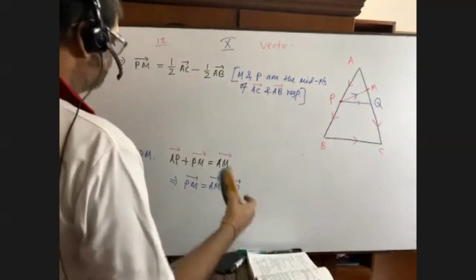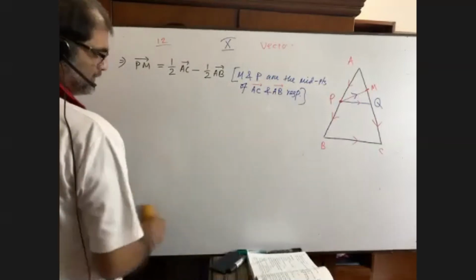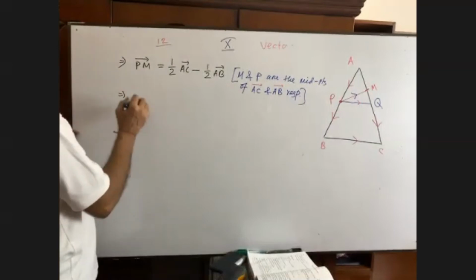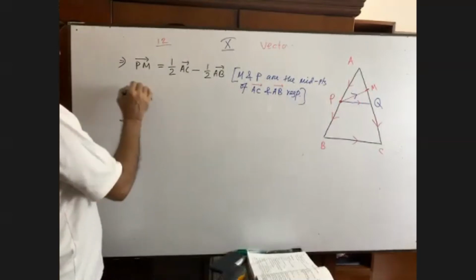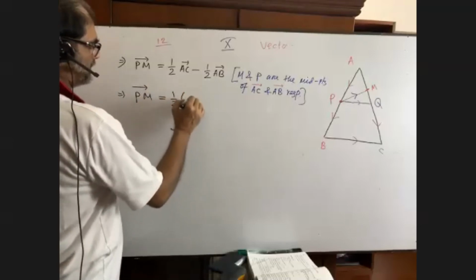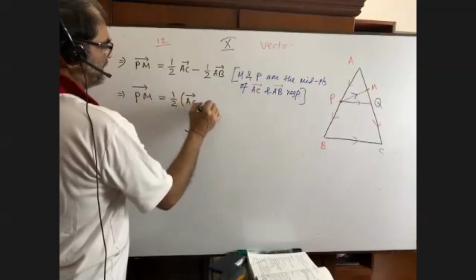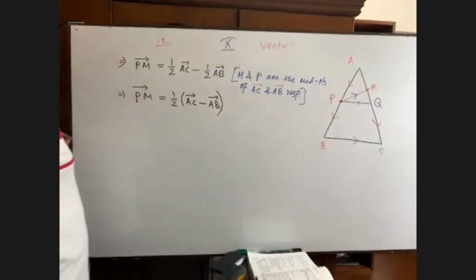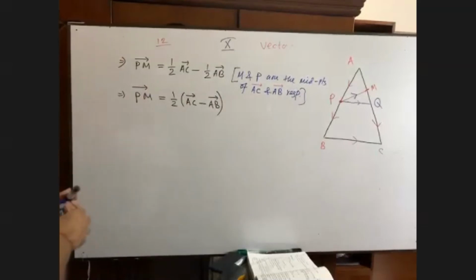Now you see, we can write here PM is equal to half, first bracket, AC minus AB. Can you go to equation 1? Please go to equation 1.